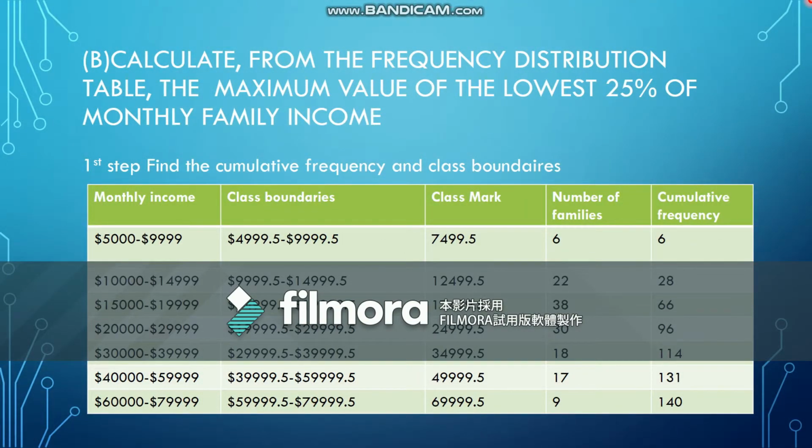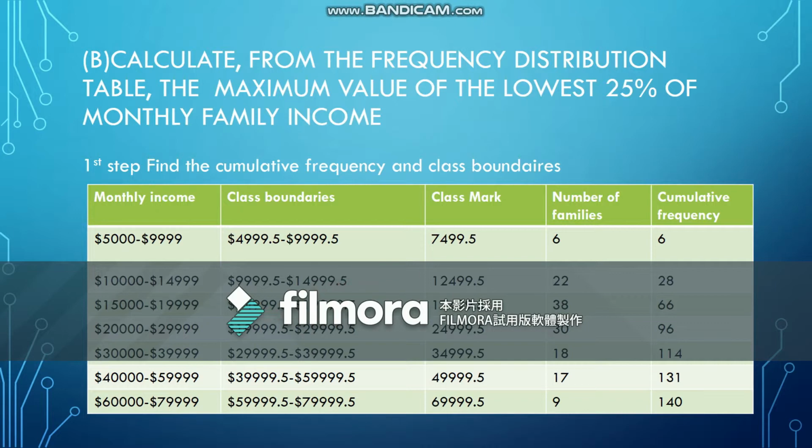So let's talk about part B. We need to calculate from the frequency distribution table the maximum value of the lowest 25% of the monthly family income. The first step is to find the cumulative frequency and the class boundary. For the class boundary, for example, we can use this number, 9,999, add 10,000 and then divide by 2, so that we can find that the class boundary is $9,999.5 to $14,999.5, and so on.